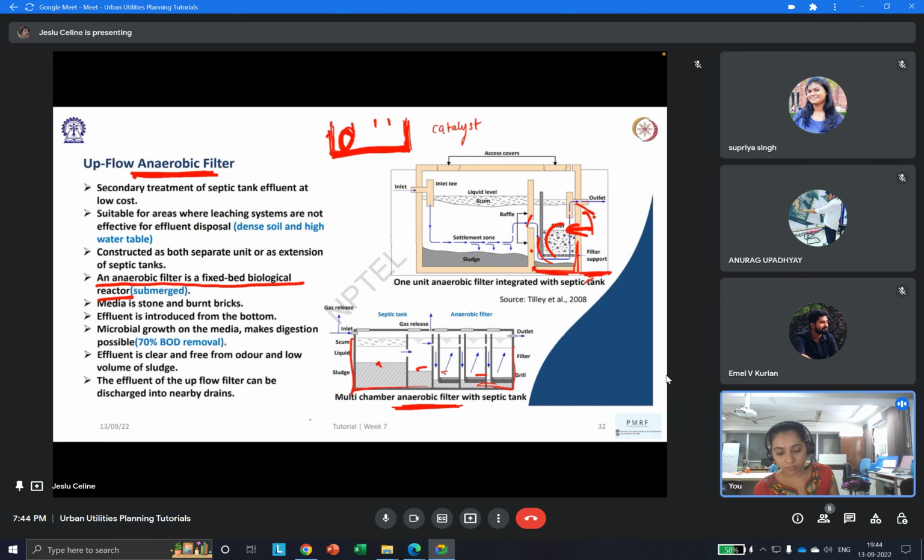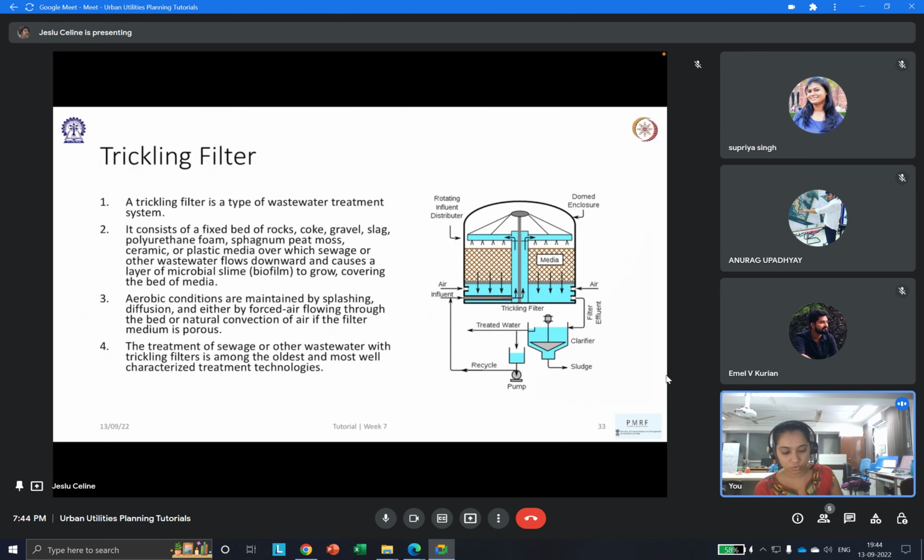And when it comes to our trickling filter, let's go to the trickling filter. It is also a wastewater treatment type, and it is one of the oldest and most well characterized technologies. Here there is a lot of motion, and water keeps moving up.